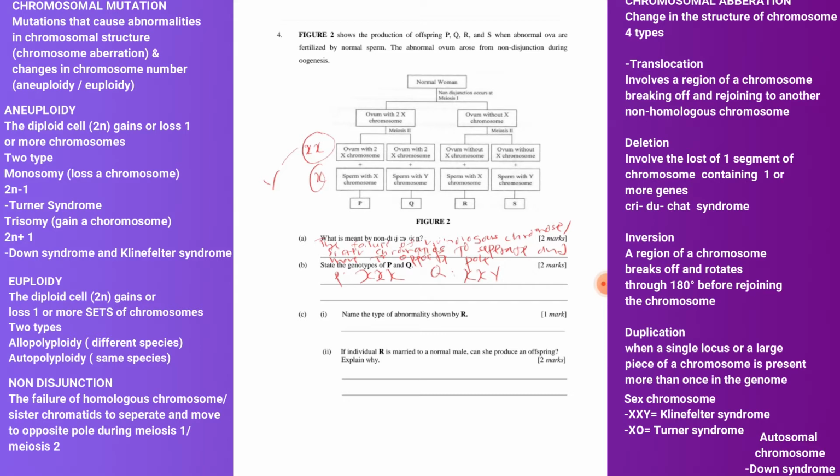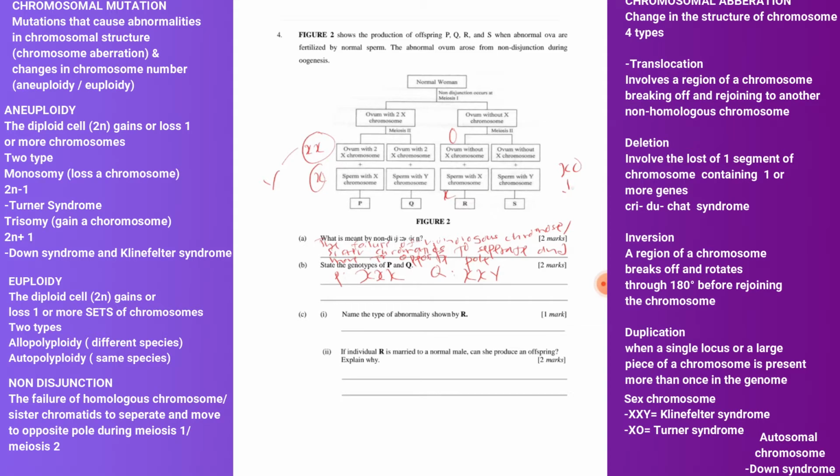Name the type of abnormality shown by R. So now R: ovum without X chromosome, so meaning that O. Sperm with X chromosome is X, so XO.